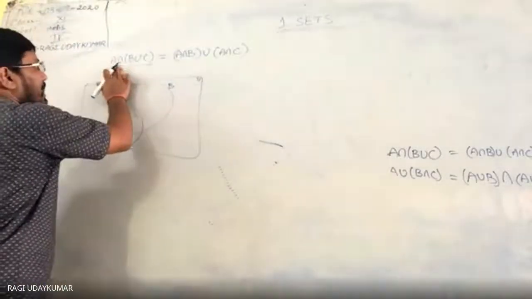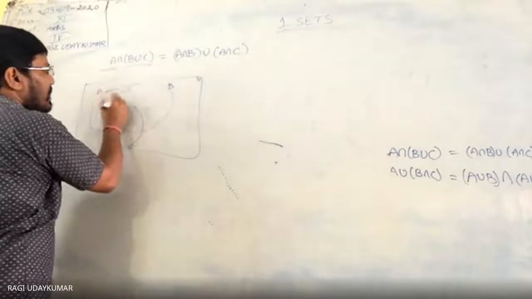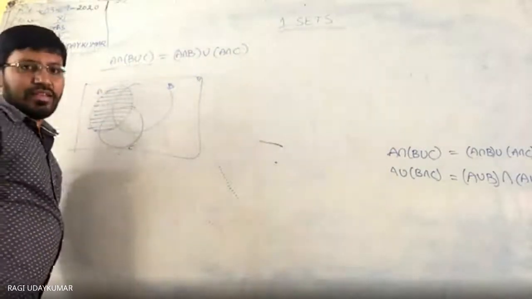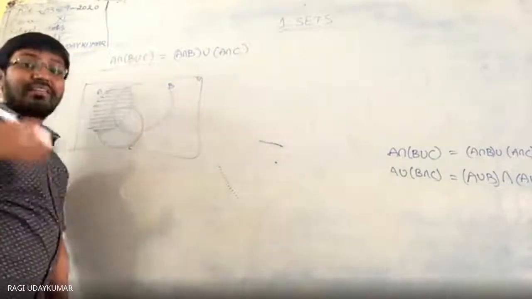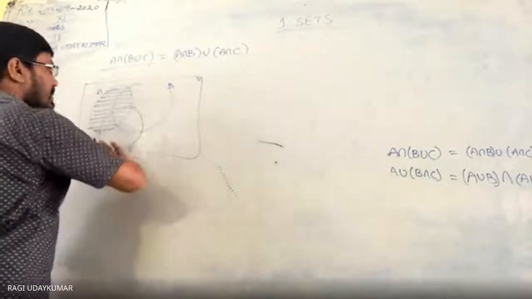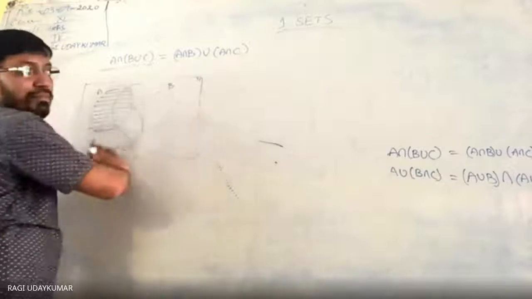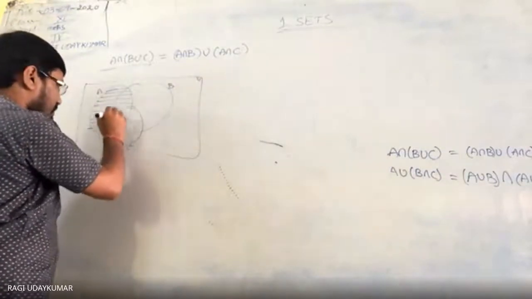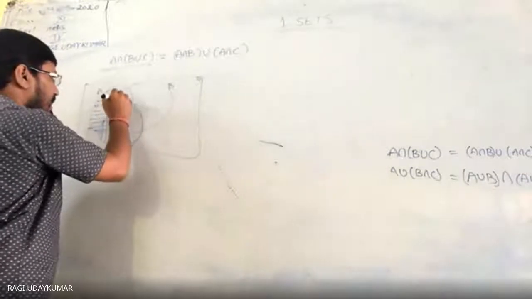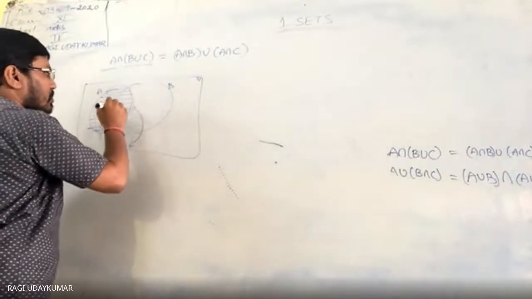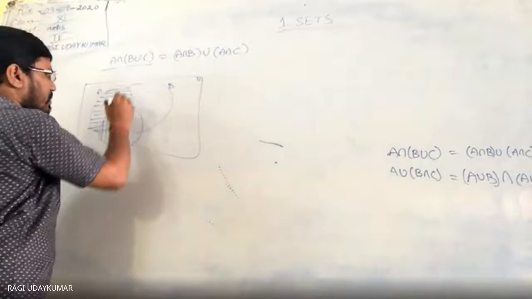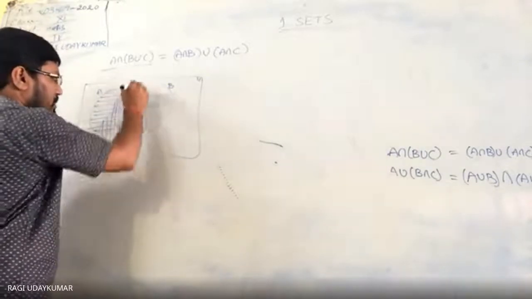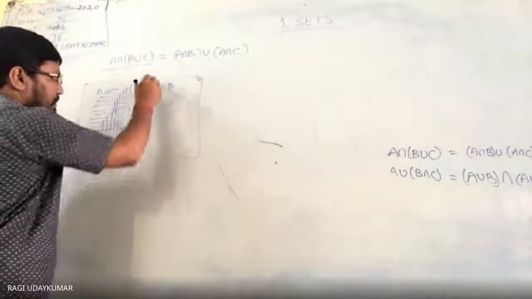So for the intersection, the left side, whatever it is, you draw with horizontal lines. This is A. And B union C, completely with vertical lines. B union C is nothing but this part, B and C together, I am drawing.